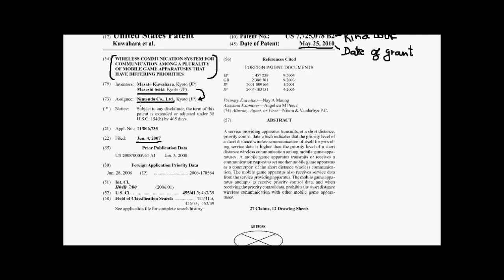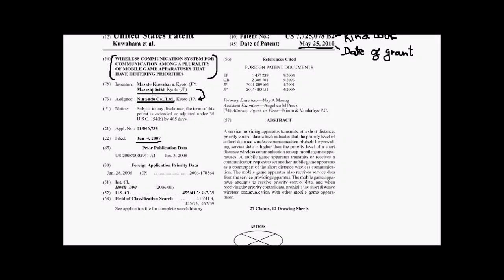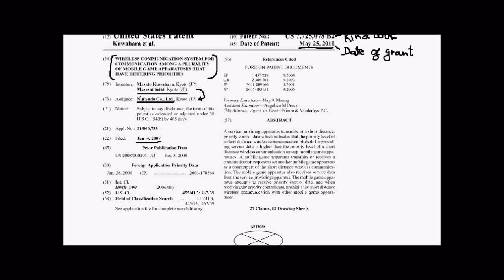In some of the patent documents, you would not see the assignee section. It is blank. That means that either the assignee have not disclosed their name, or the patent is still under the name of inventors itself.